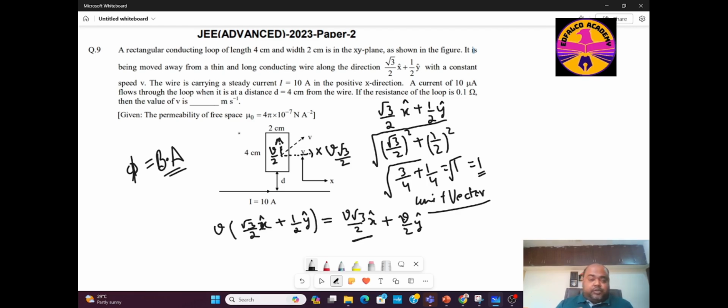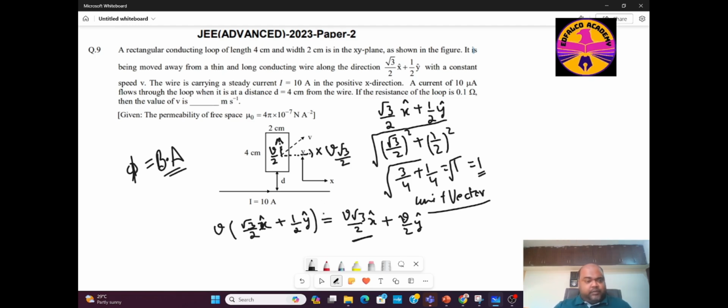Now the good thing to understand is that the current is going in the infinite wire, the 10 ampere current, and because of that there is a magnetic field B surrounding all the locations around it.